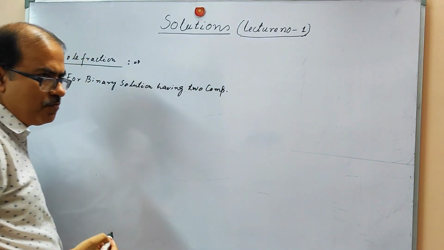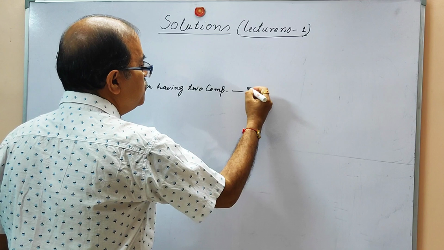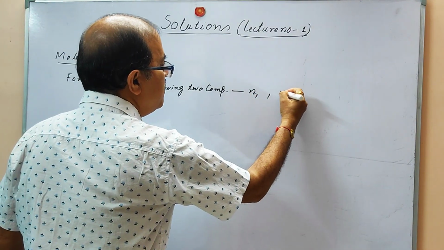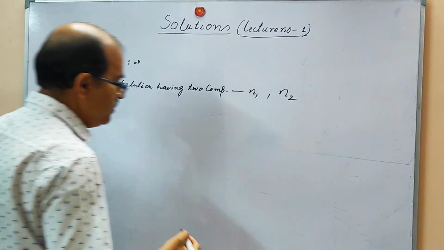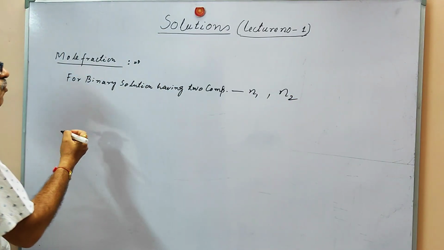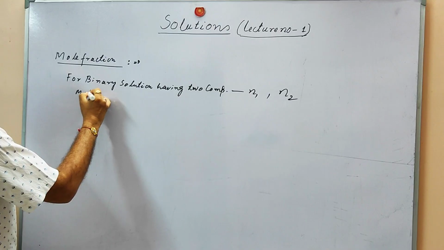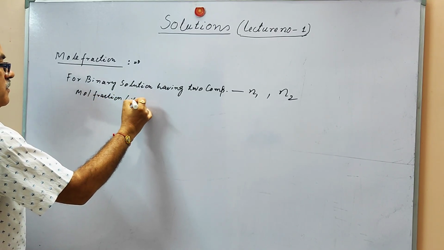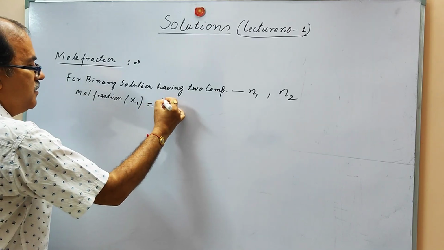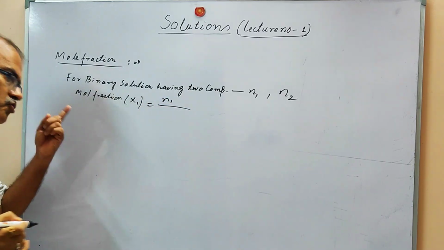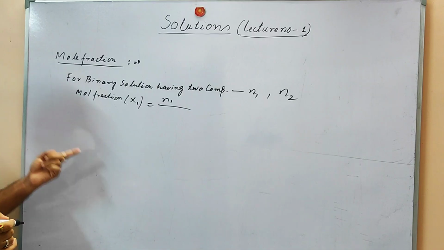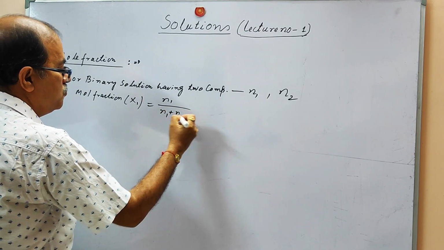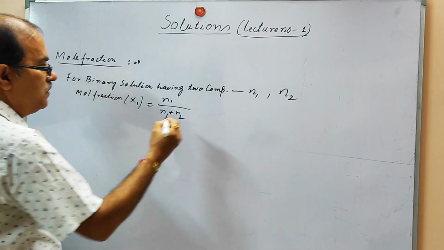Suppose component 1 has moles N1 and another component has moles N2. What is the mole fraction? If this is x1, it is N1, the moles of component 1, divided by the total moles.